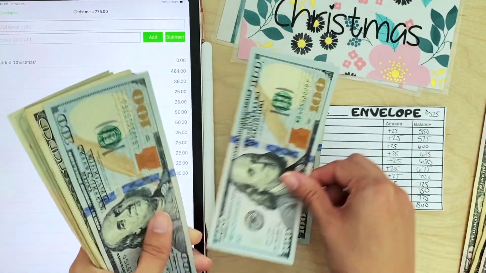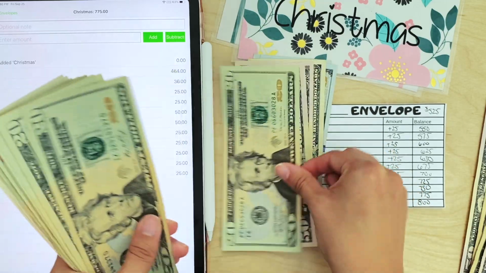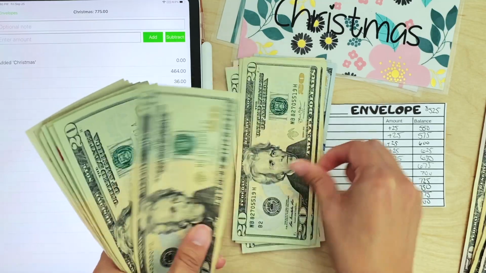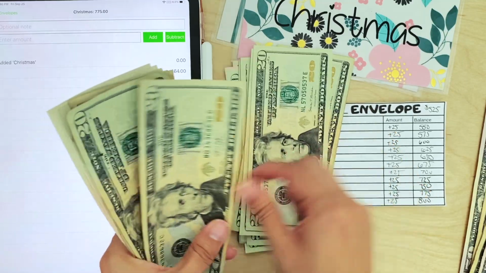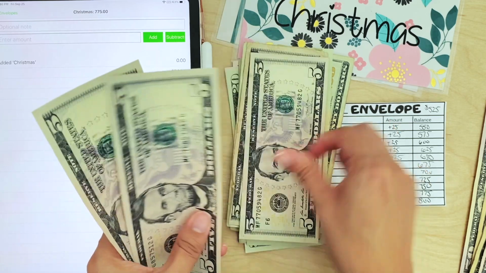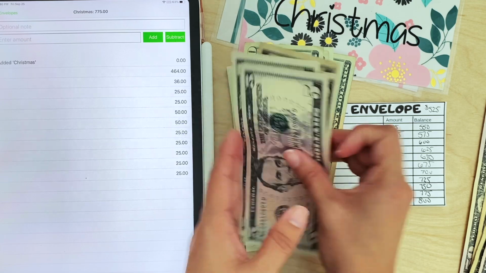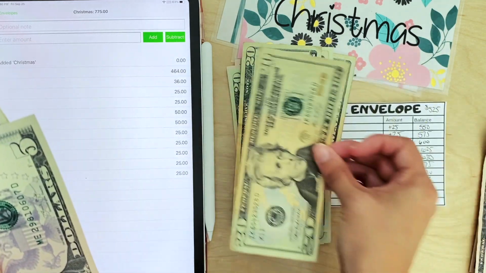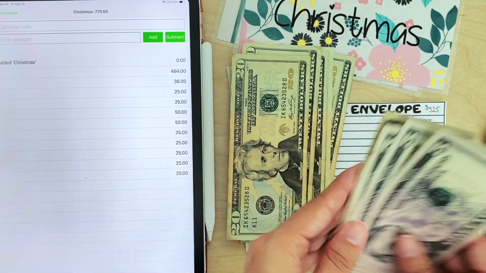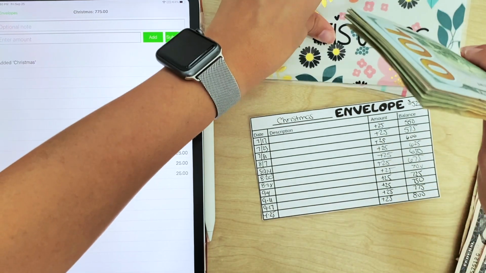So we have 1, 2, 3, 4, 50, 500, 20, 40, 60, 86, 20, 40, 60, 87, 20, 40, 60, 80, 85, 90, 95, 800. So I'm actually going to switch this up, this 20 for these 5s, that way I won't have all those 5s in this envelope.